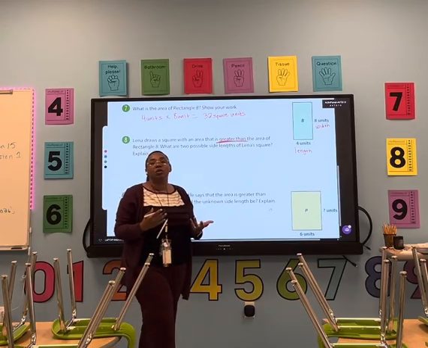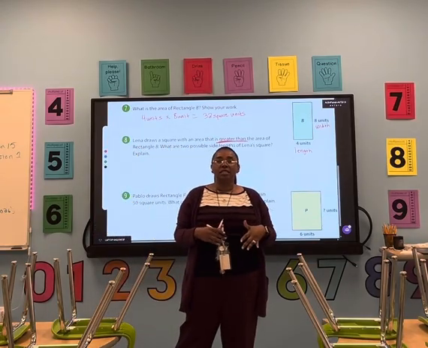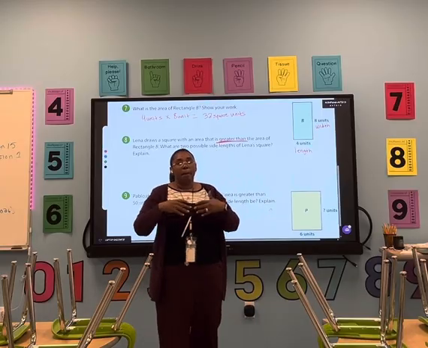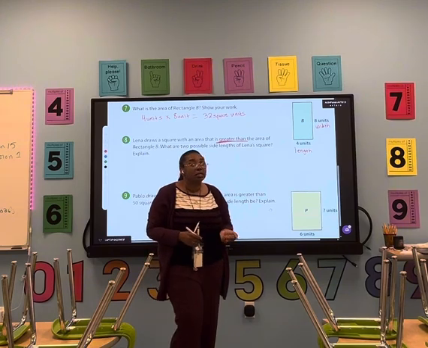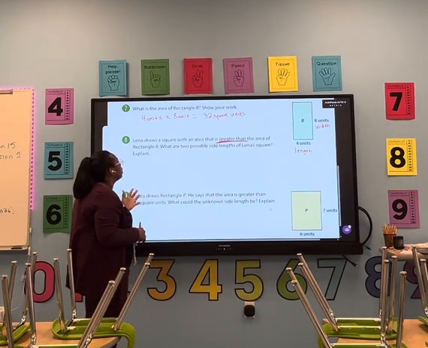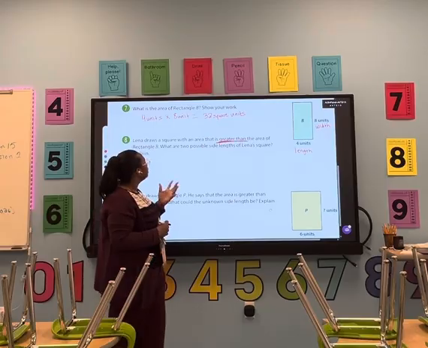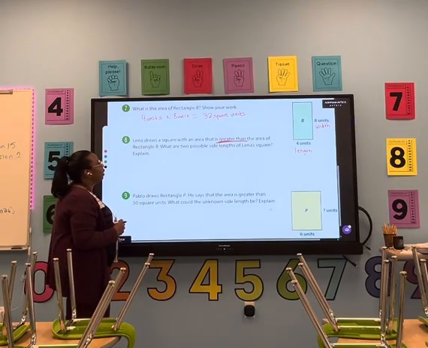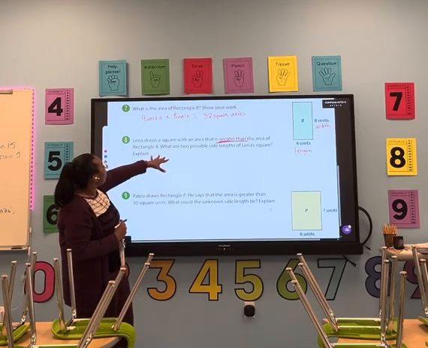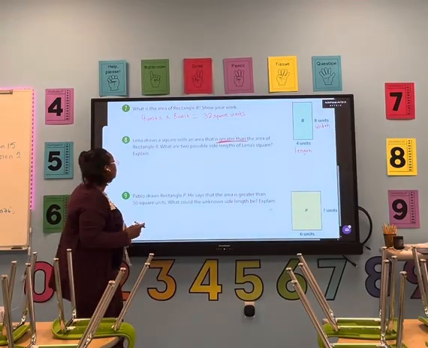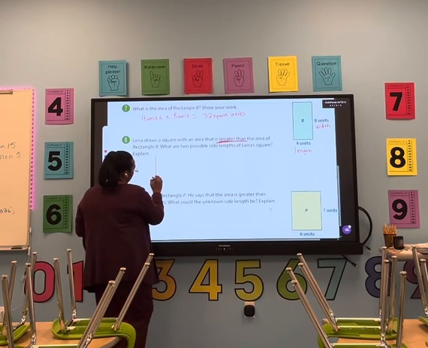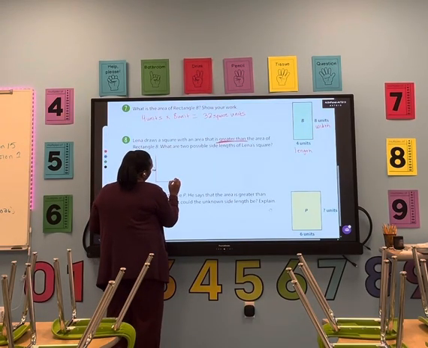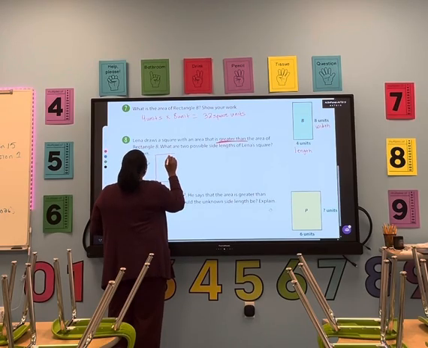So whatever we do, we have to pick numbers that'll give us an answer that is going to be bigger or greater than or more than 32 square units. So let's go ahead and do that. It said, what are 2 possible side lengths of Lena's square? Okay, so let's draw this out. Let's try and draw this thing out, guys, because Miss Newman loves a drawing. It's so much easier for us to see and understand when we have a drawing.